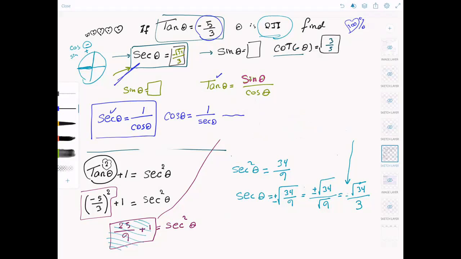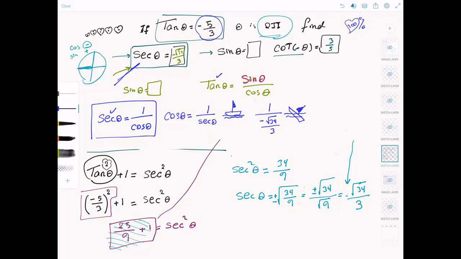Now, we put this in. We're going to say 1 over negative radical 34 over 3. This equals, I don't want you guys to sink here because of this ugly fraction.